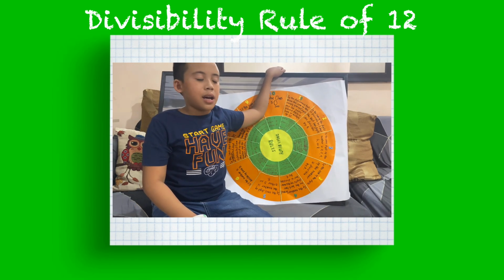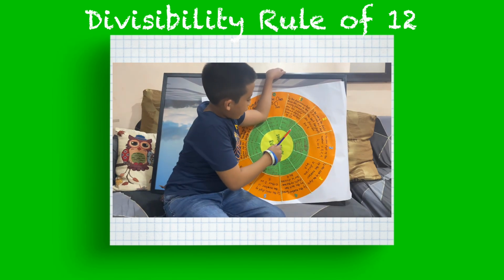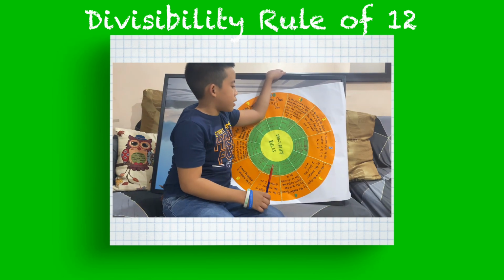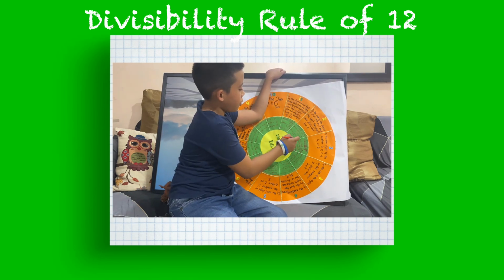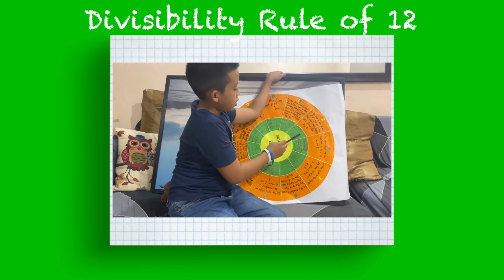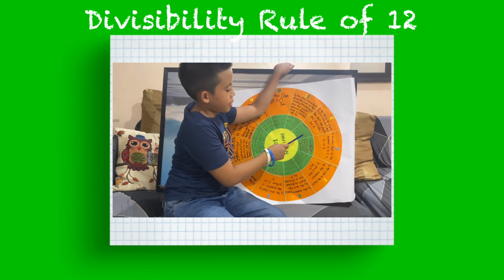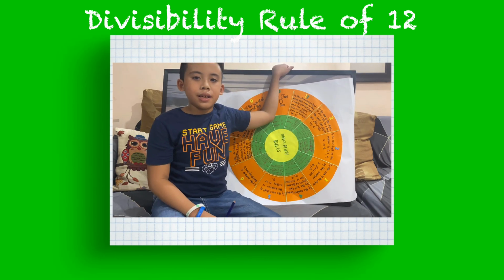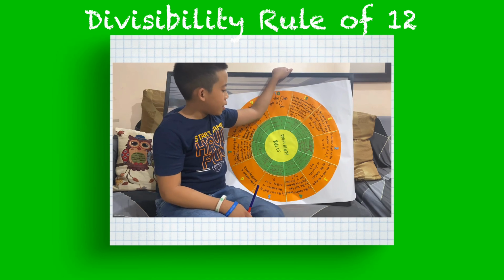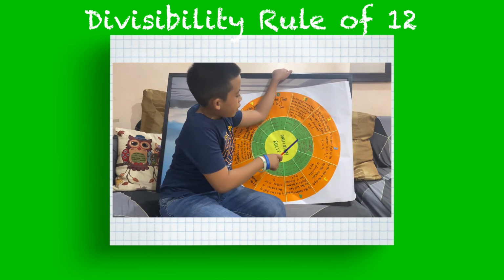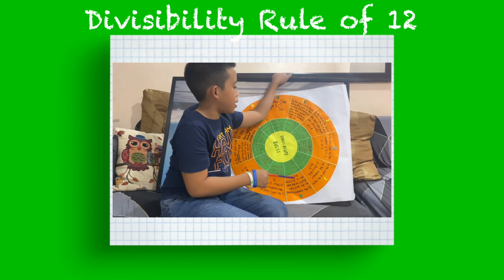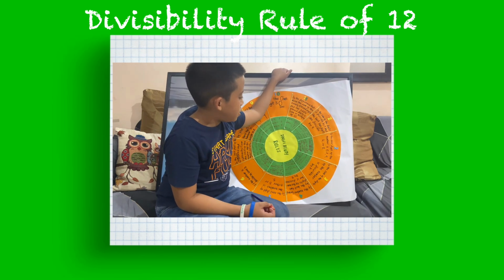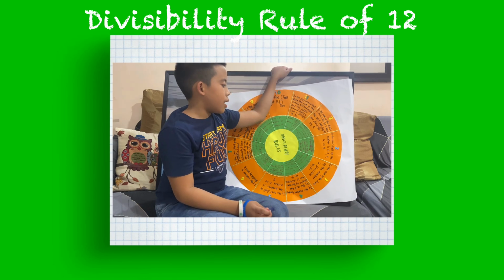The second example is 8,520. 8 plus 5 plus 2 plus 0 equals 15. And 15 is divisible by 3. Therefore, 8,520 is divisible by 3. And the last two digits are 20.